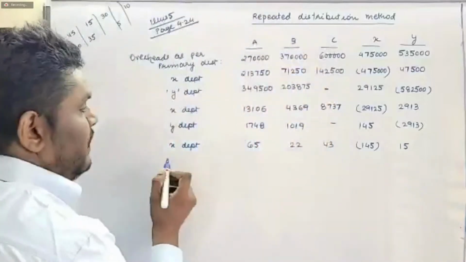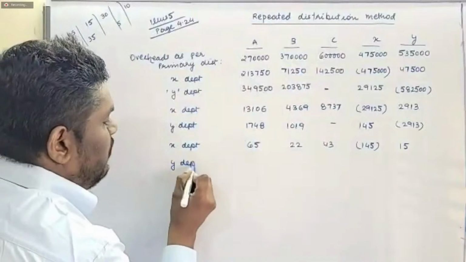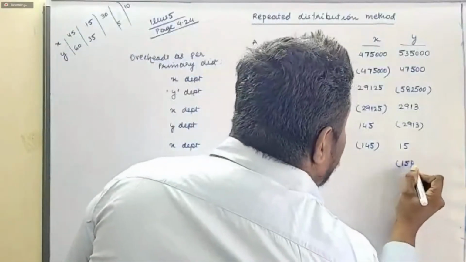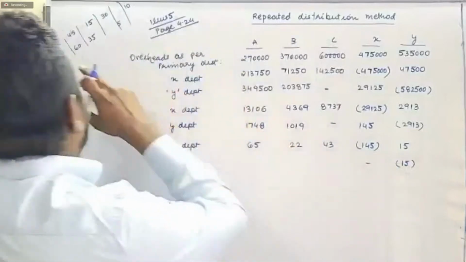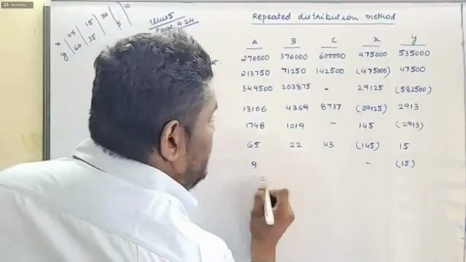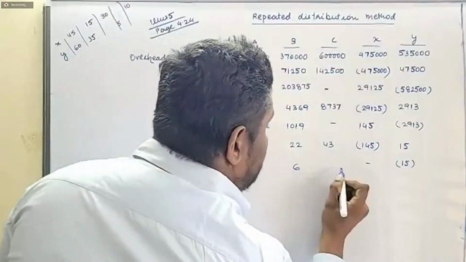So herein again Y department, that is 15. Now this will be distributed to A and B only. So this will be 9 and this will be 6.